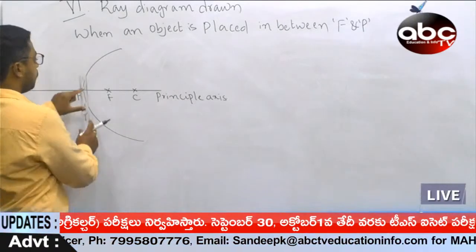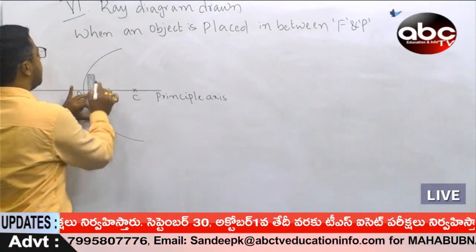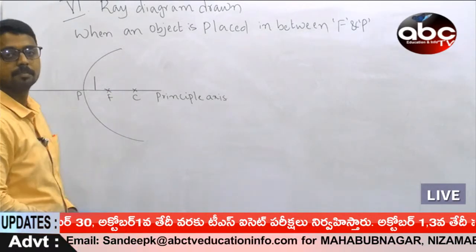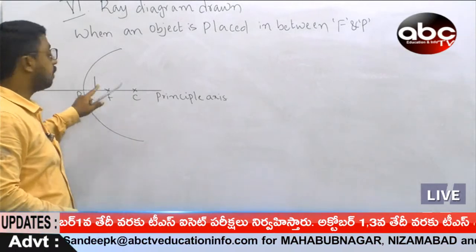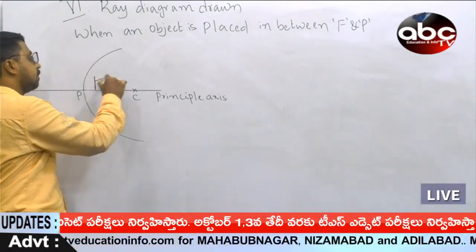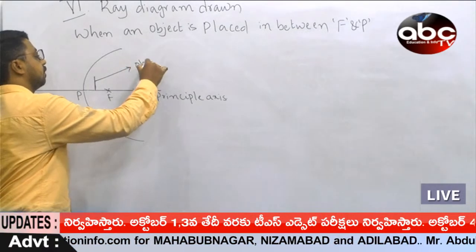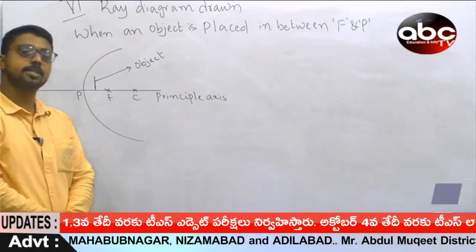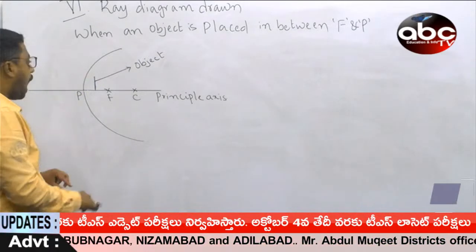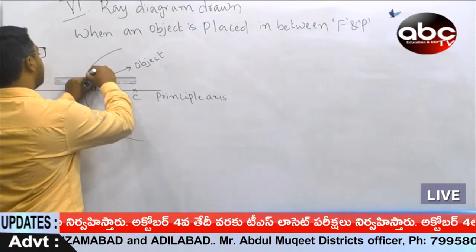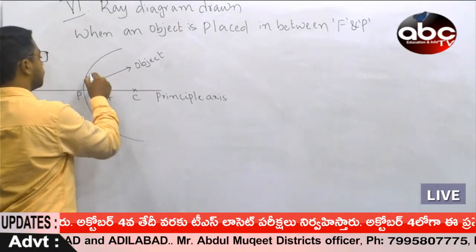See, an object is placed very near. This is the object. As usual, we have to take two types of rays.